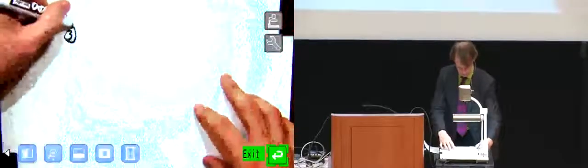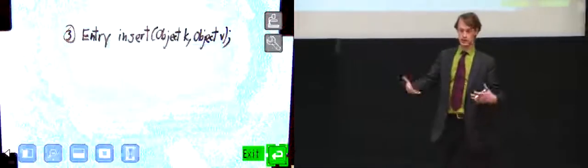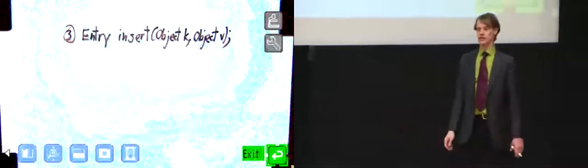So now that we know how to find things, how do we change things? The signature for the insert method for the binary search tree looks just like the signature for a hash table.